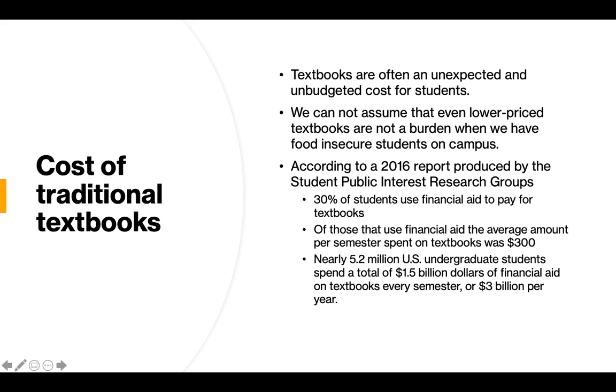Of those that use financial aid, the average amount per semester spent on textbooks was $300. So, of course, the last bullet point, nearly 5.2 million U.S. undergraduate students spent a total of $1.5 billion of financial aid money on textbooks every semester, or $3 billion per year.